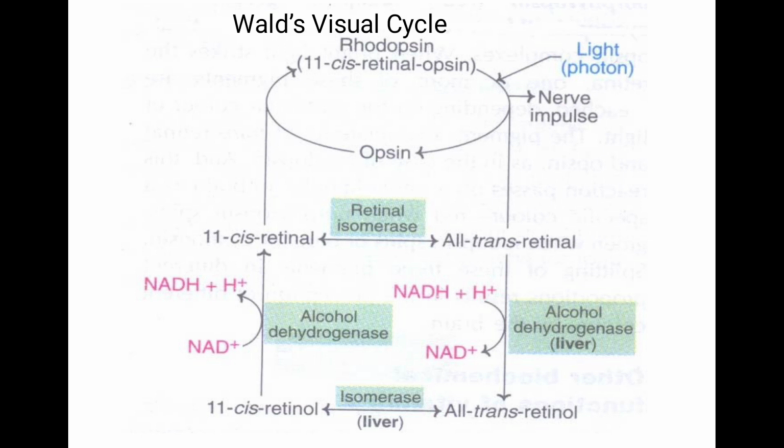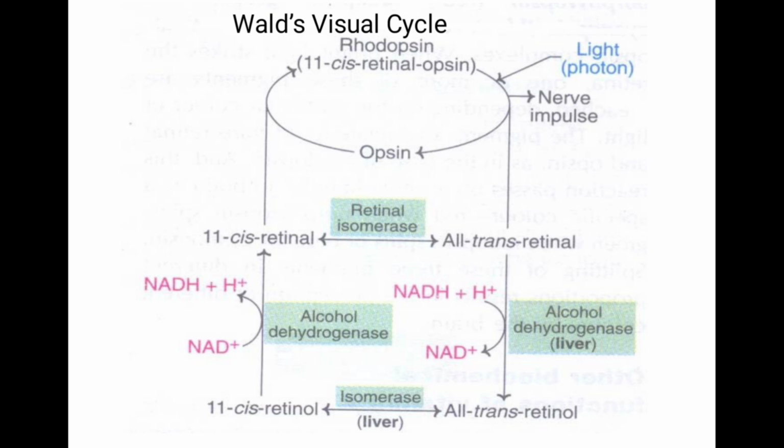So there is a release of all-trans retinol and, you can see down, opsin is released. This process leads to conformational changes in opsin, which triggers a nerve impulse.